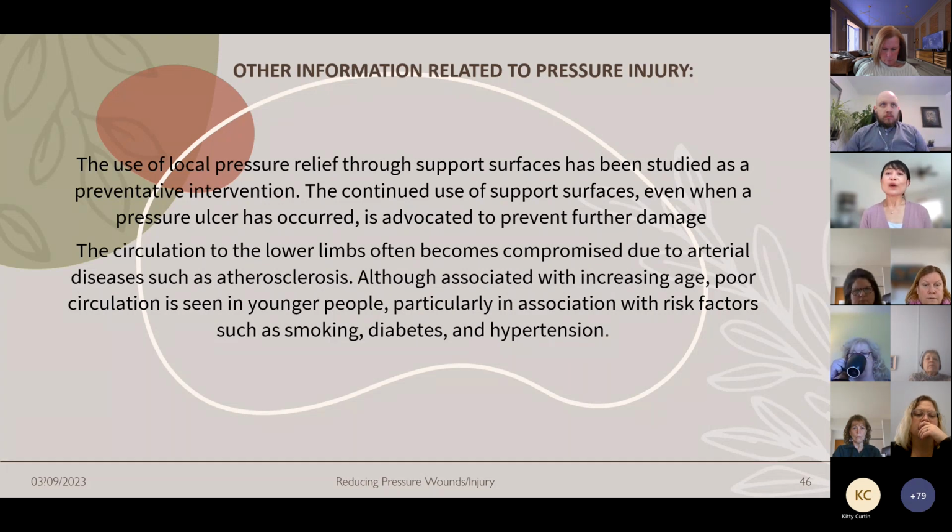Although associated with increasing age, poor circulation is seen in younger people too. So do not underestimate, whether somebody is 31 or 72, it doesn't matter. We carry our skin for years, so we have to be kind to our skin, particularly in association with risk factors such as smoking, diabetes, and hypertension.